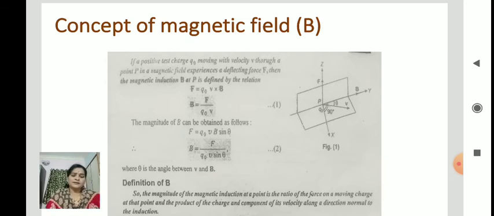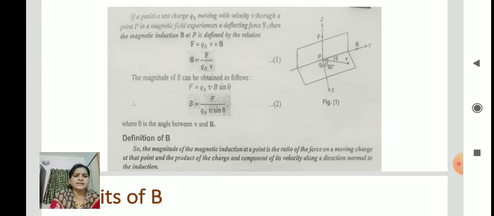So I can define this as: the magnitude of the magnetic induction at a point is the ratio of the force on a moving charge at a point and the product of the charge and the velocity component along the direction normal to the induction. So it is the ratio of the force to the charge and the component of the velocity along a direction normal to the induction. So B can be written as F by q naught v sin theta.